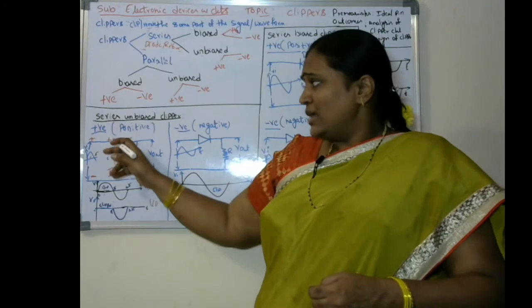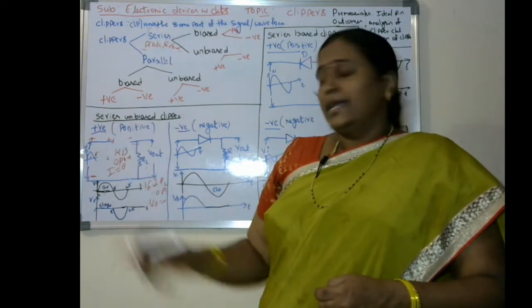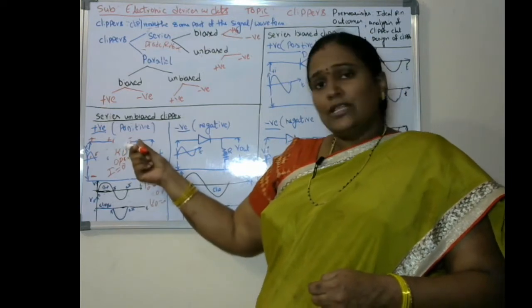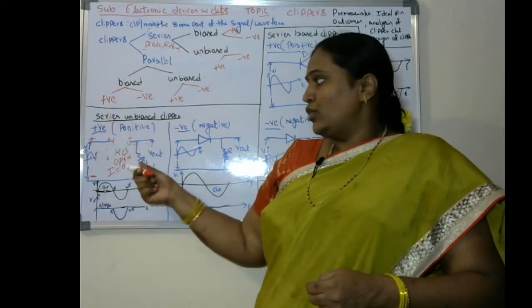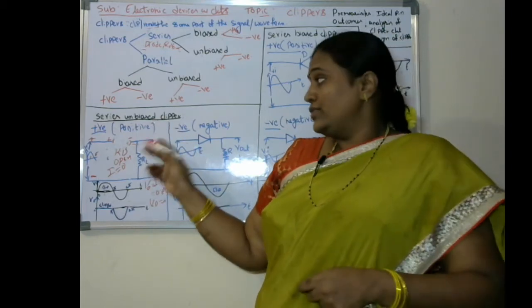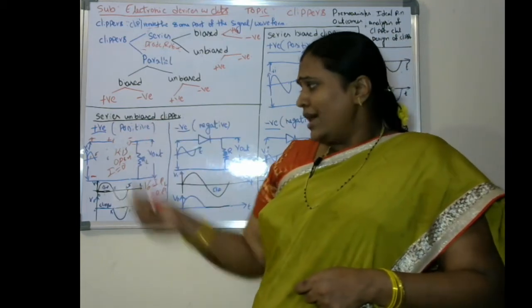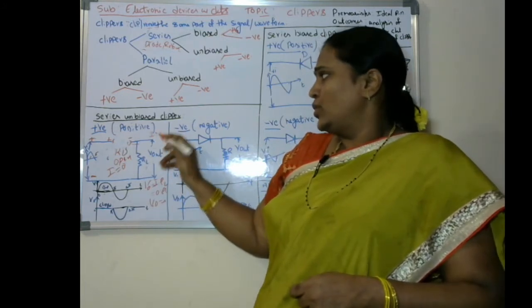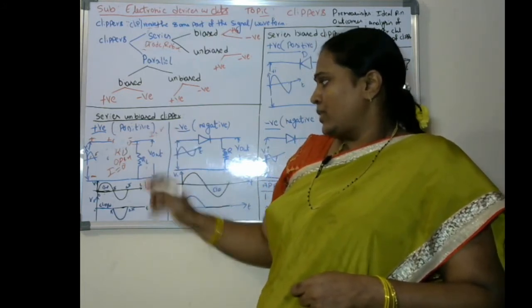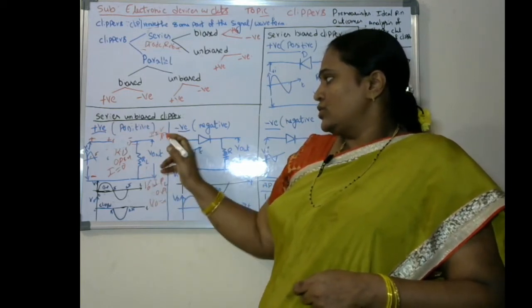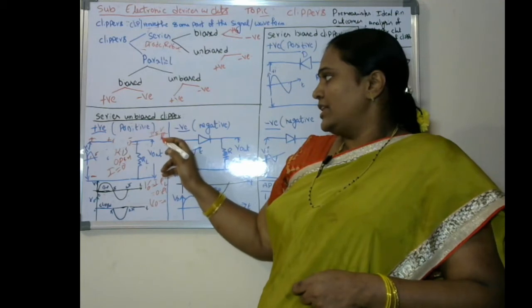Whenever the diode is in the reverse bias condition, it acts like an open circuit. Once it is an open circuit, R will be at the maximum, so the current goes to 0. We already know that I equals V by R. So R goes to maximum, nothing but infinite.